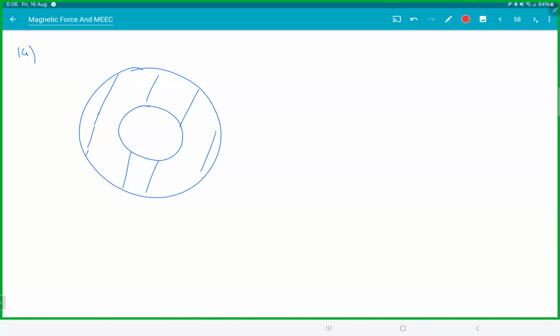Now in this disk, the current is flowing circularly. So we have circular currents flowing in the disk. The inner radius is A, the outer radius is B.